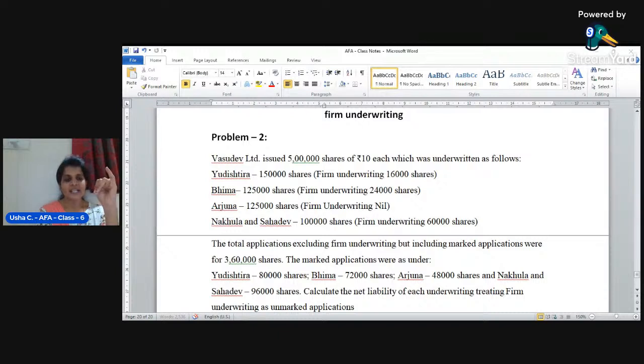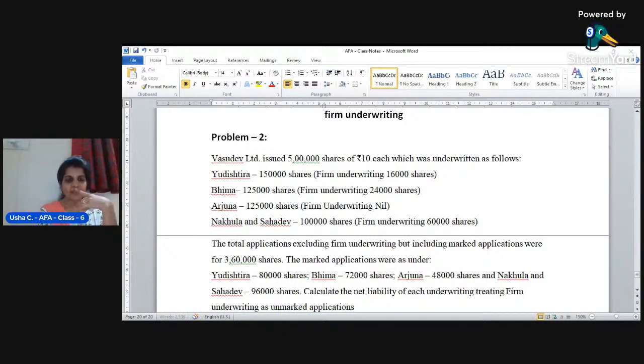The first underwriter has subscribed 1,50,000, the second underwriter 1,25,000, the third underwriter again 1,25,000, and the fourth underwriter 1 lakh shares, and they also have firm underwriting individually. Yudhishthira has 16,000 firm underwriting, Bhima 24,000, Arjuna no firm underwriting, and Nakula and Sahadev have 60,000 shares of firm underwriting.